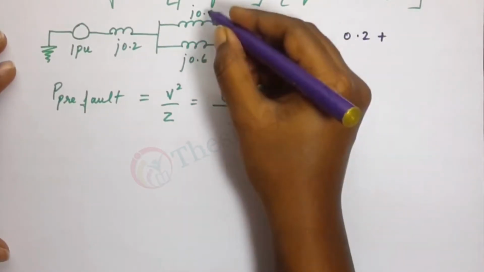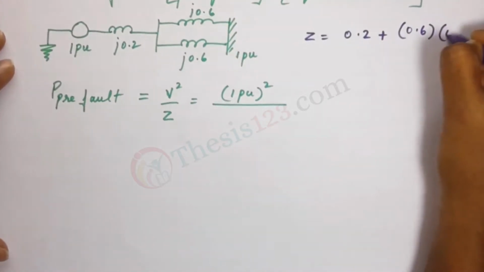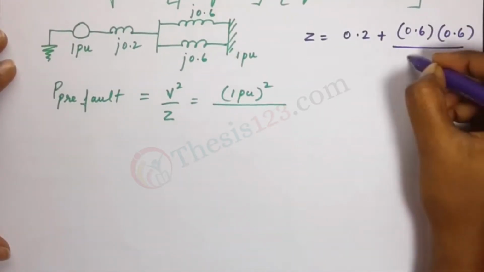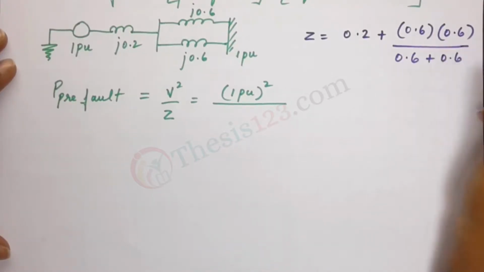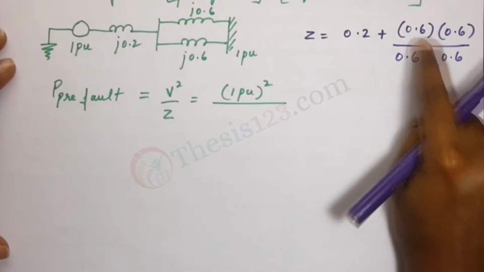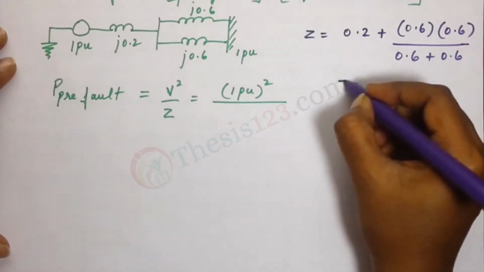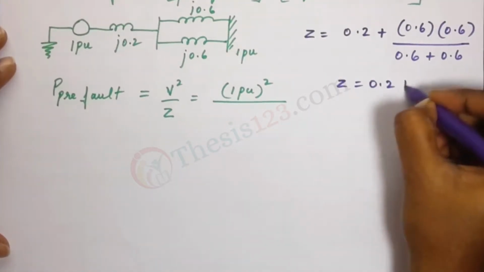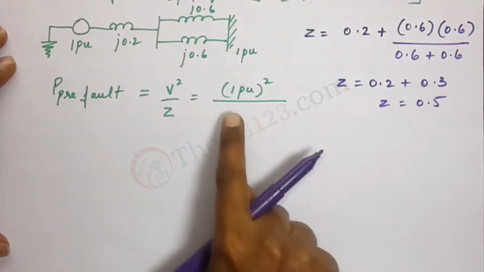0.2 plus the parallel of these two, which would be 0.6 into 0.6 divided by 0.6 plus 0.6. If we solve this, 0.6 into 0.6 divided by 0.6 plus 0.6 gives us 0.3. So here Z would be 0.2 plus 0.3, which is 0.5.